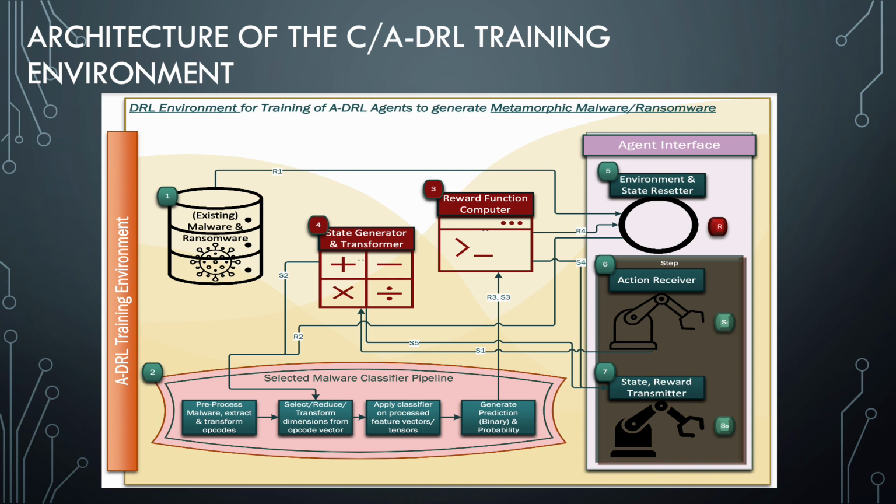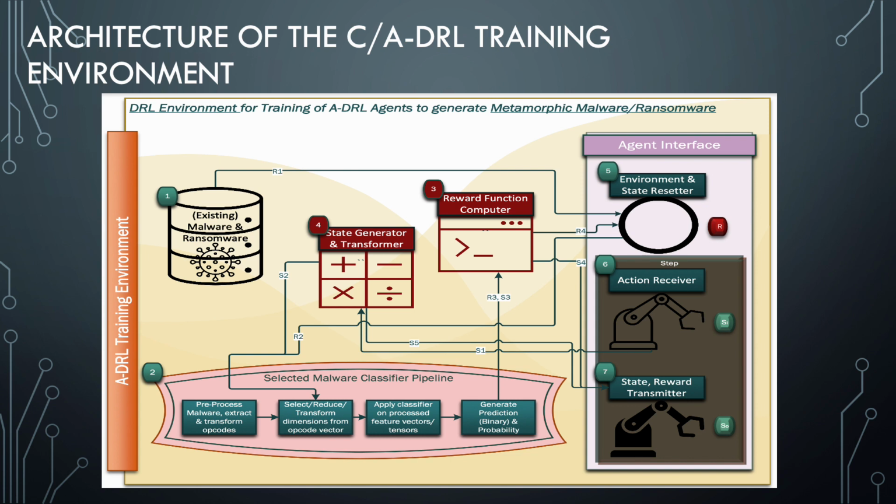This diagram shows the architecture of an ADRL training environment in which we have number one, a repository of existing commodity malware, something like initial access brokers for ransomware, something like Quakbot or similar Bumblebee sort of systems. And then we also have the repository of ransomware, if we want to actually create a swarm of ransomware themselves that has higher chances of penetration.